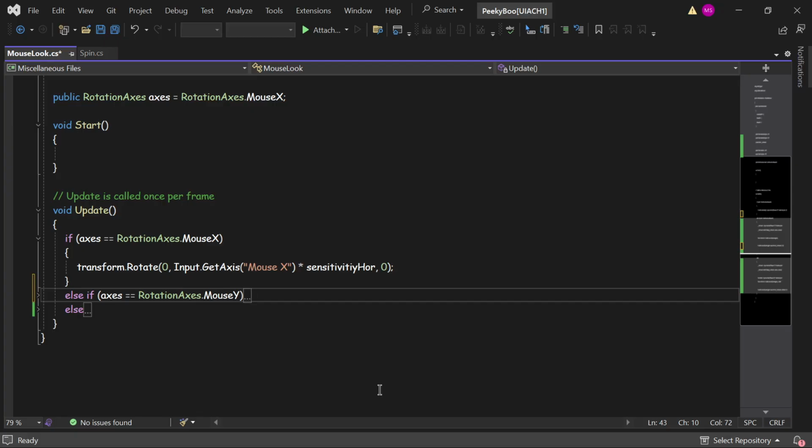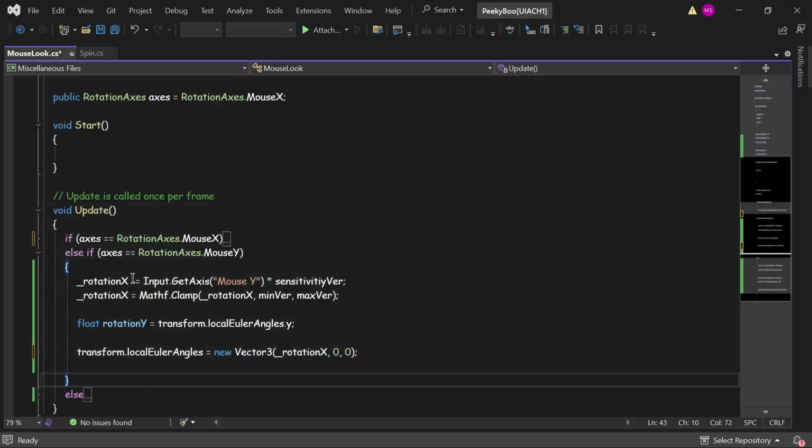It's just a matter of looking at a specific angle, which brings us to this second control statement, which is looking vertically, or tilting vertically.